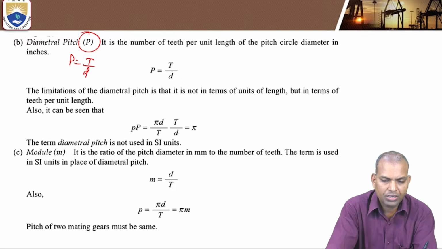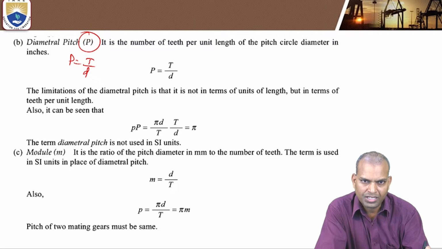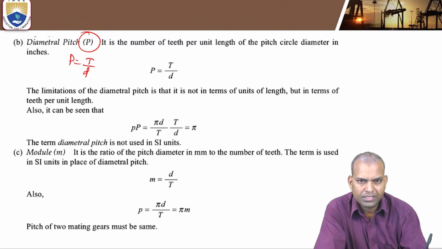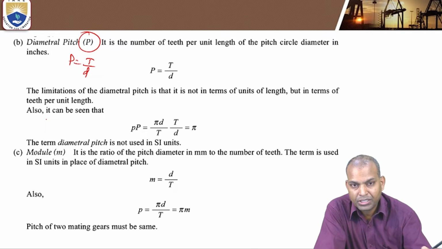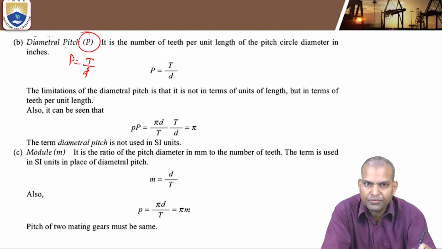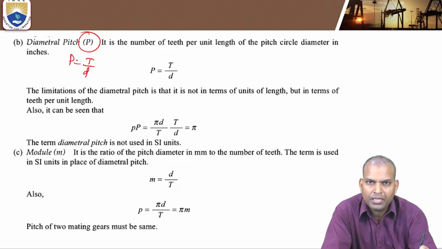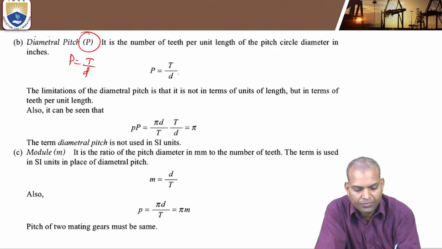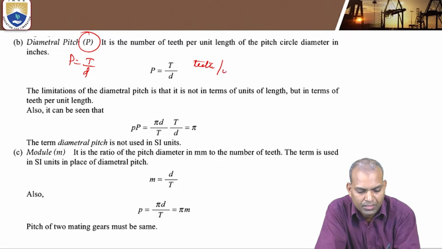It is generally in millimeters or inches. Outside, we can see diametral pitch in terms of inches. The limitation of diametral pitch is that it is not in terms of units of length, but in terms of teeth per unit length.